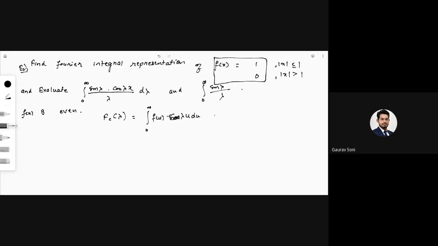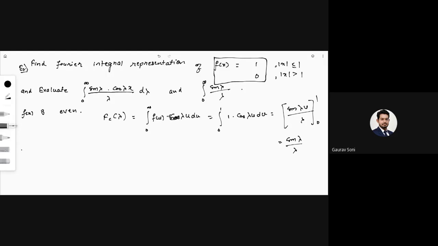Our f of u is not from 0 to infinity, it is just from 0 to 1. So integral 0 to 1, f of u is 1, cos lambda u du. The integral of cos lambda u is sine lambda u upon lambda, limits from 0 to 1. The lower limit gives 0, and the upper limit gives sine lambda by lambda.